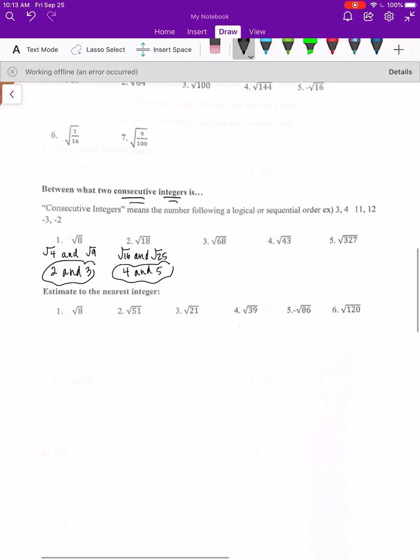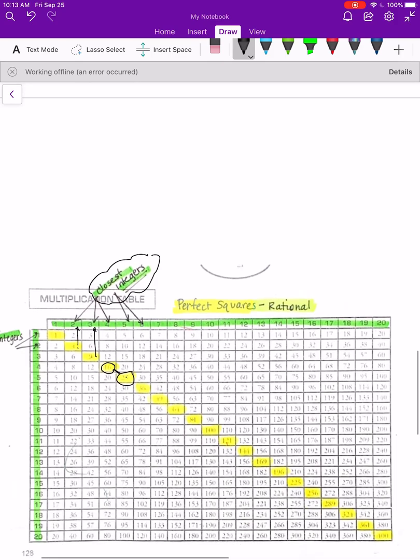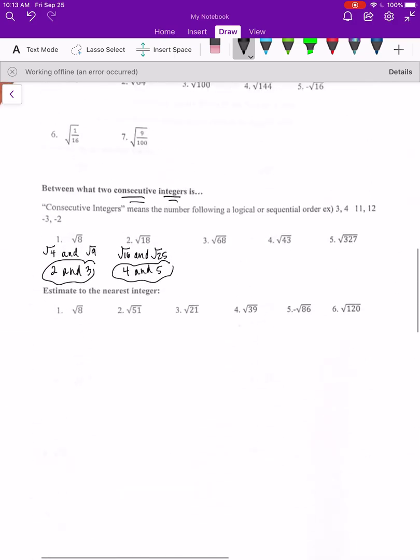All right, so let's look at 68. 68 is not a perfect square, but it's going to be between 64 and 81. If I count 64, 65, 66, 67, 68, there it is. It's going to fall between those two numbers. But those aren't our answers because those are the perfect squares it's between.